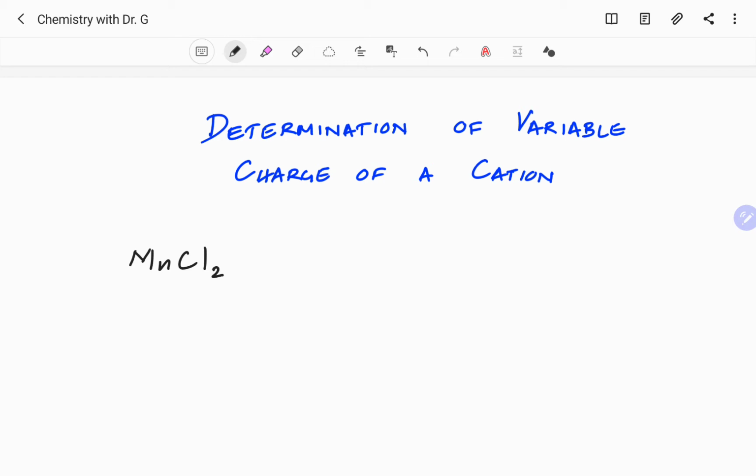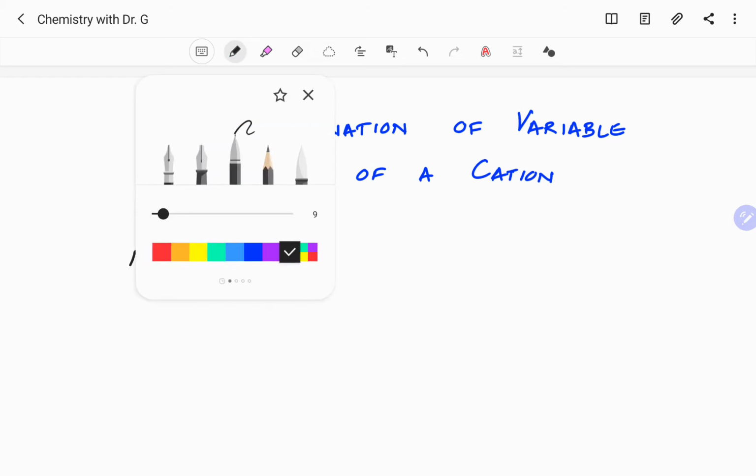Okay, so already we learned that when we are writing chemical formulas for ionic compounds, we make sure that the total positive charges are going to be equal to the total number of negative charges, right? Or in other words, the overall charge of an ionic compound is 0.